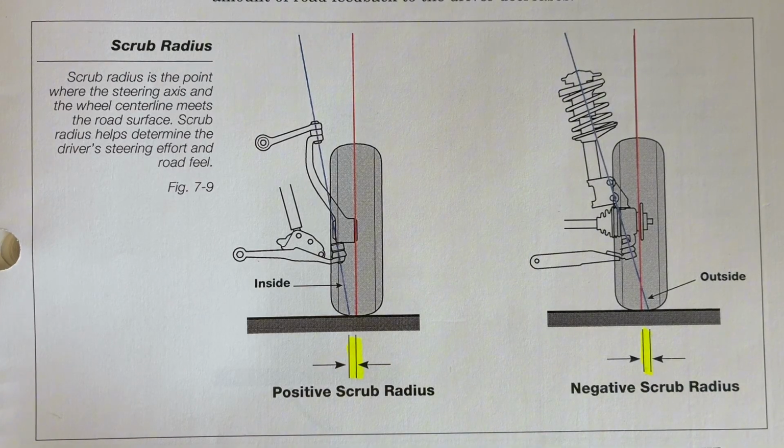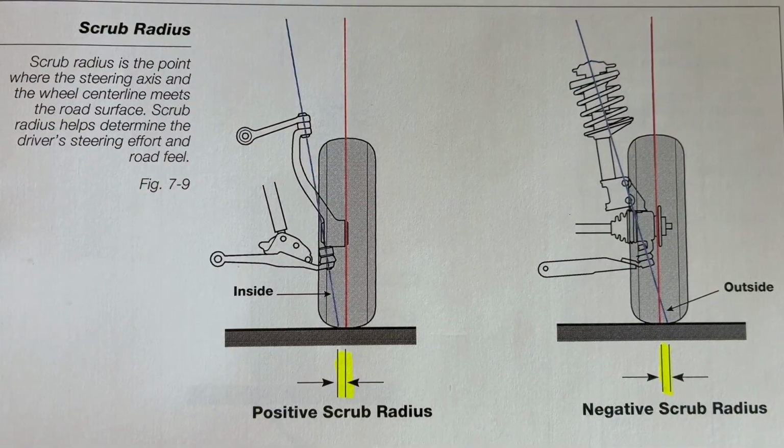Torque steer created by different axle lengths is also reduced by negative scrub radius. Another benefit of negative scrub radius is improved handling in case of a tire failure. The vehicle is less likely to pull toward the blown tire.